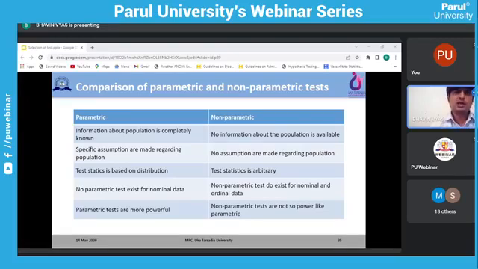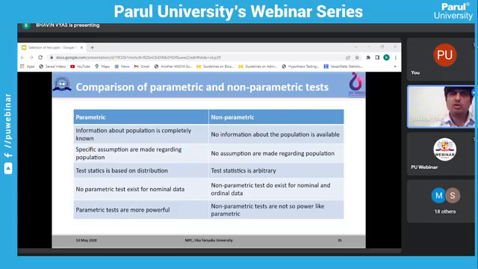Another general rule: if you have measured your dependent variable, the type of data you are selecting, if it is continuous, interval or ratio, generally it is normally distributed. So if we have measured in continuous, interval or ratio form, you go for a parametric test.